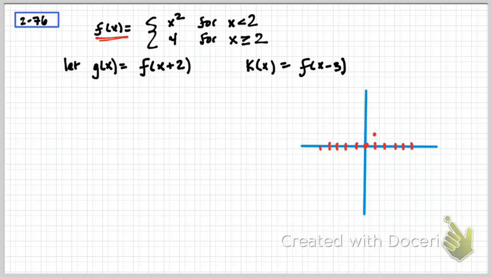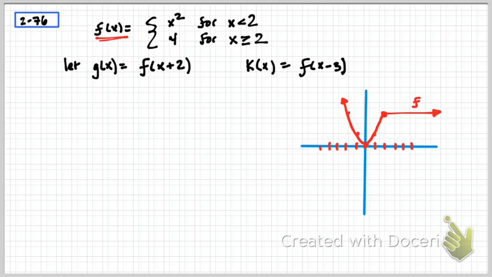X squared is the first one. Open circle. Okay. And then 4 for this other piece of the graph. Comes off, closed circle at 4. This is our f graph.